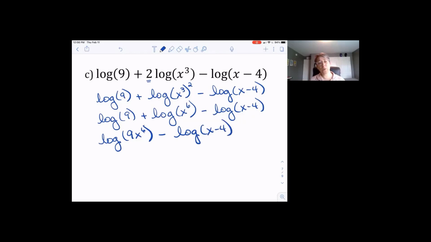So now we have two logarithms that are being subtracted. Logarithms represent exponents. When are exponents subtracted? When we divide. So we can rewrite this as logarithm of 9x to the 6th divided by x minus 4. And again, put parentheses around your argument so we know that that entire thing is our argument of the logarithm.